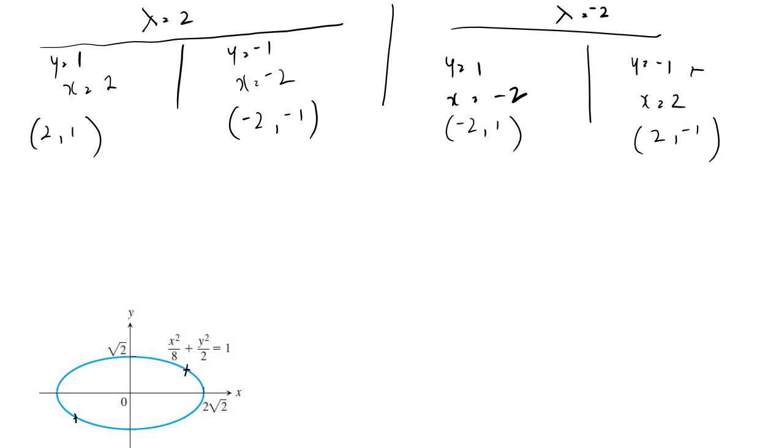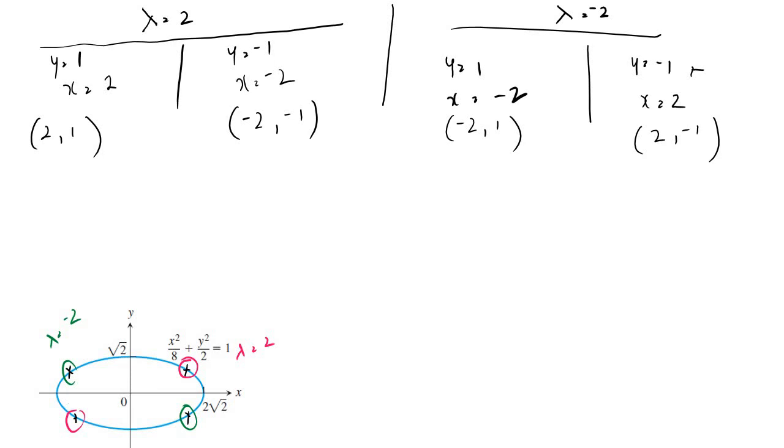So positive 2 and negative 1, and here it's negative 2, positive 1 in terms of y. So these two shown in pink are when lambda is equal to 2, and shown in green here are when lambda is equal to minus 2. Those are your critical points.